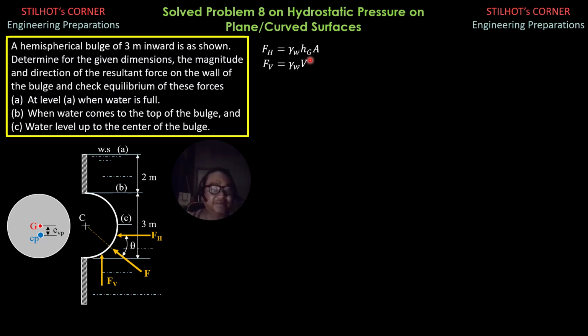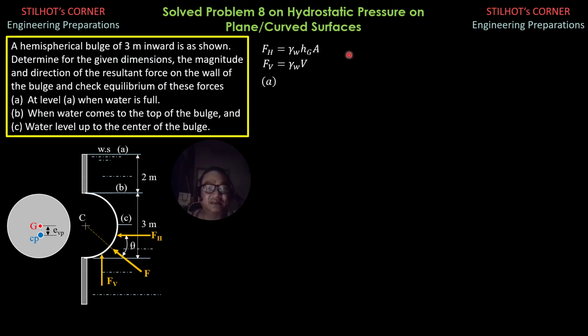Then this volume for parts A and B would be the volume of the hemisphere, which is 2/3 pi r cubed. While for the Fv for part C, it is just half of the hemisphere, or a quarter sphere. So we divide Fv for parts A and B by 2, and that's Fv of part C.